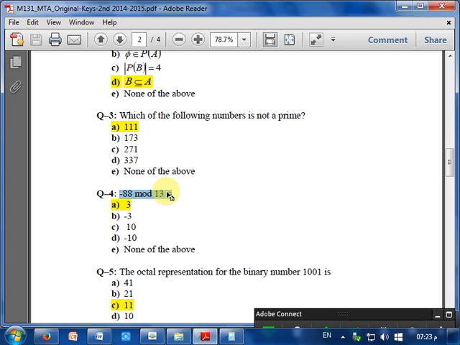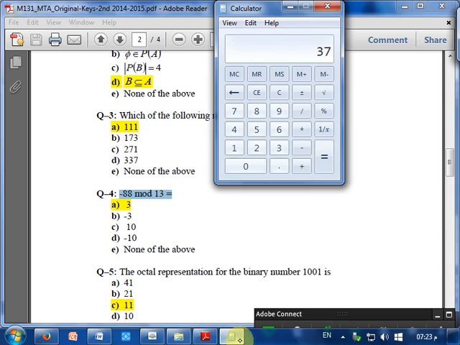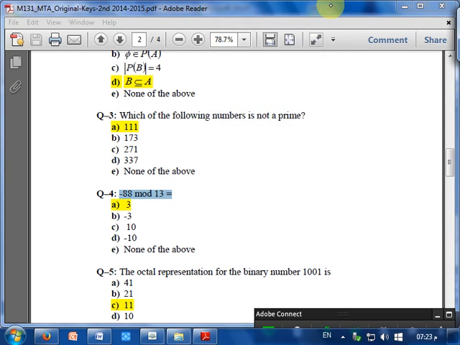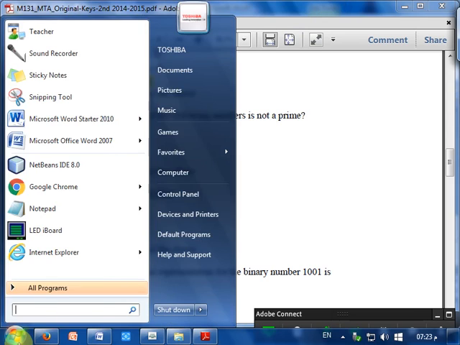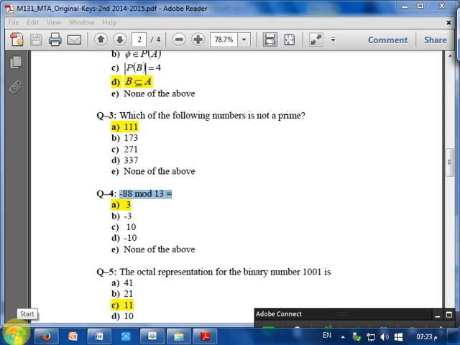Minus 88 mod 13. How do you do that? So we do 88 and 13, and see the remainder. No, it will not get it. I tell you, minus 88 divided by 13. No, it will not get.